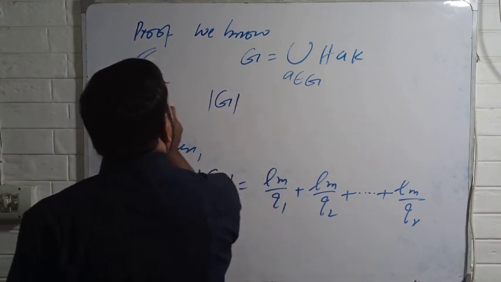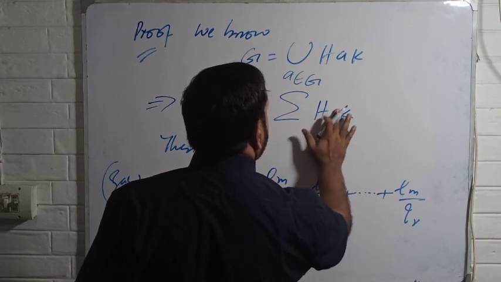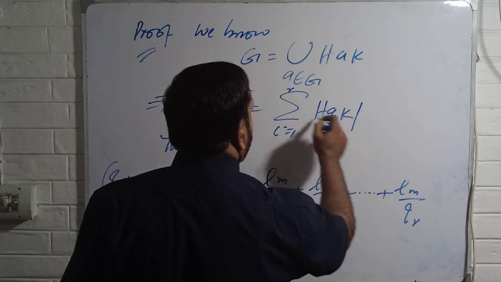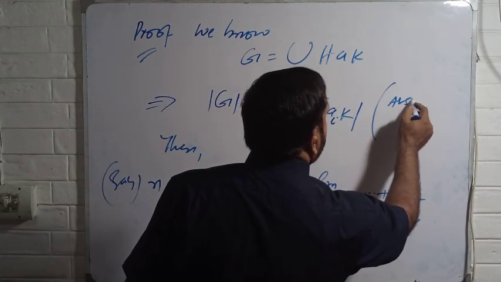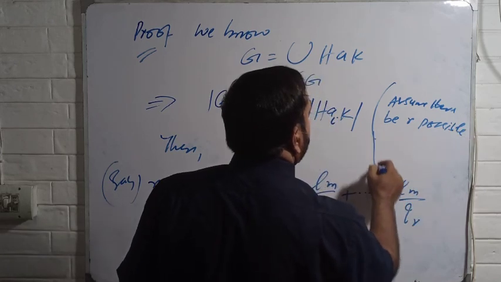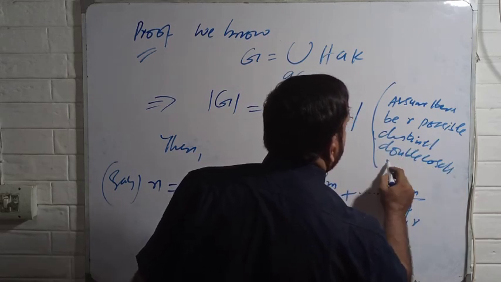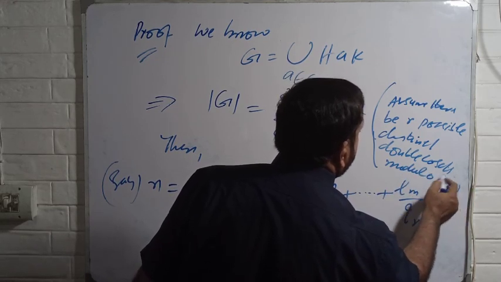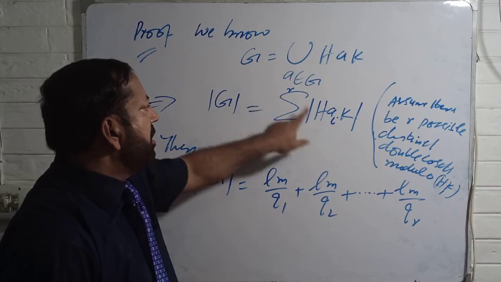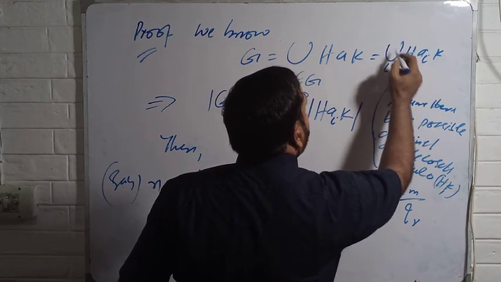So order of G is in fact the summation of the orders of HAiK, i from 1 to R. Assume there are R possible distinct double cosets modulo HK, or you can say that G is equal to the union of HAiK, i from 1 to R.